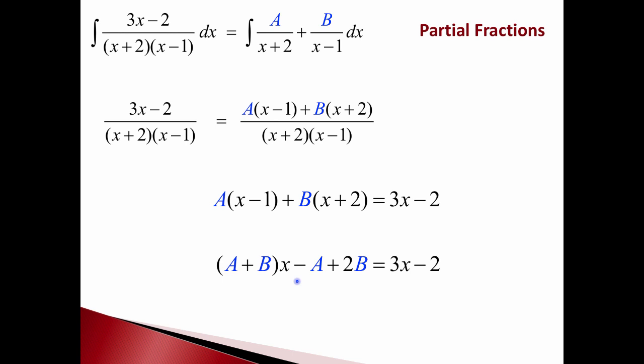Feels like Hamlet. Negative a and 2b, or not 2b. Then for the x's, I'll have an ax and a bx, so I could just factor the x out. This is ax plus bx, but if I factor the x out, this looks like a plus b x's. And then here are my constants, and here's my original numerator, the 3x minus 2.